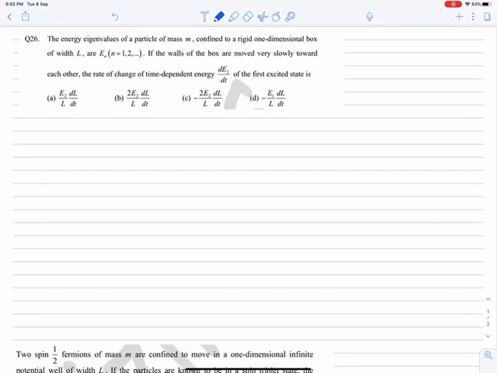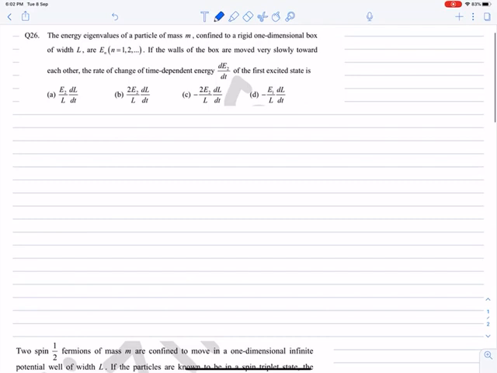So first of all, we draw our one-dimensional box. So this is our one-dimensional box. Now we know here V is equal to 0, and V is equal to infinity at the walls, as the walls are infinite.